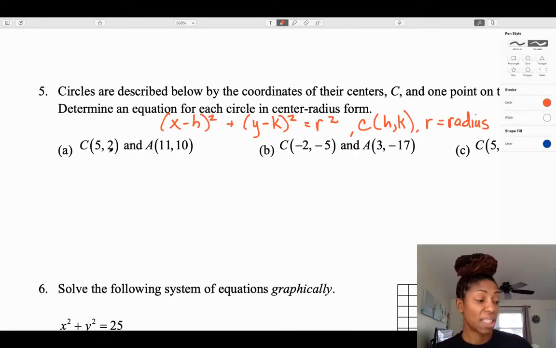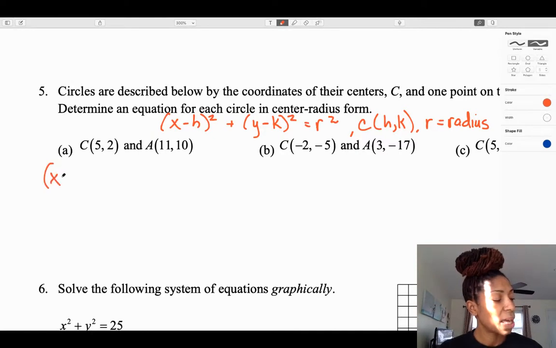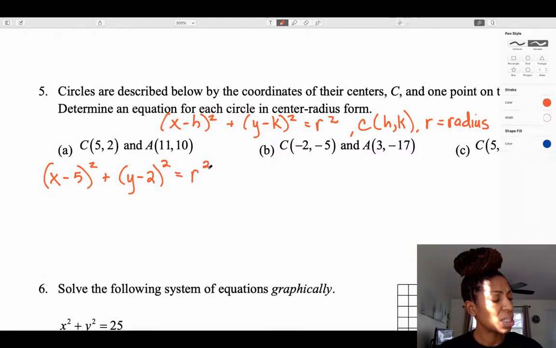So they gave us the center. That's great. So we already know that we can plug that in. X minus 5 squared plus y minus 2 squared. I just don't know what my radius is.